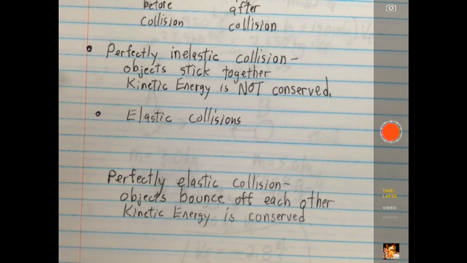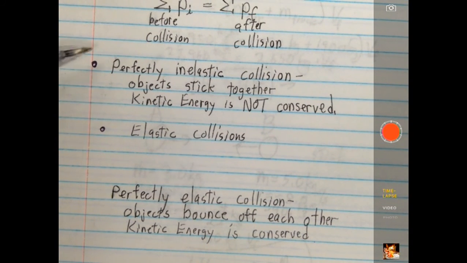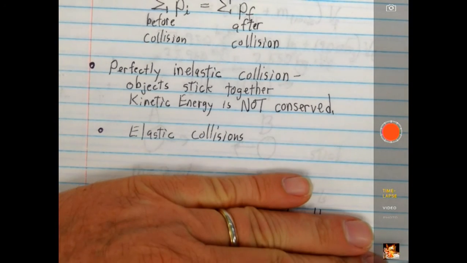I said there were three types of collisions. An elastic collision is one like dribbling a basketball. So it bounces, it doesn't stick to the floor. It bounces, but it doesn't come back to its starting height.